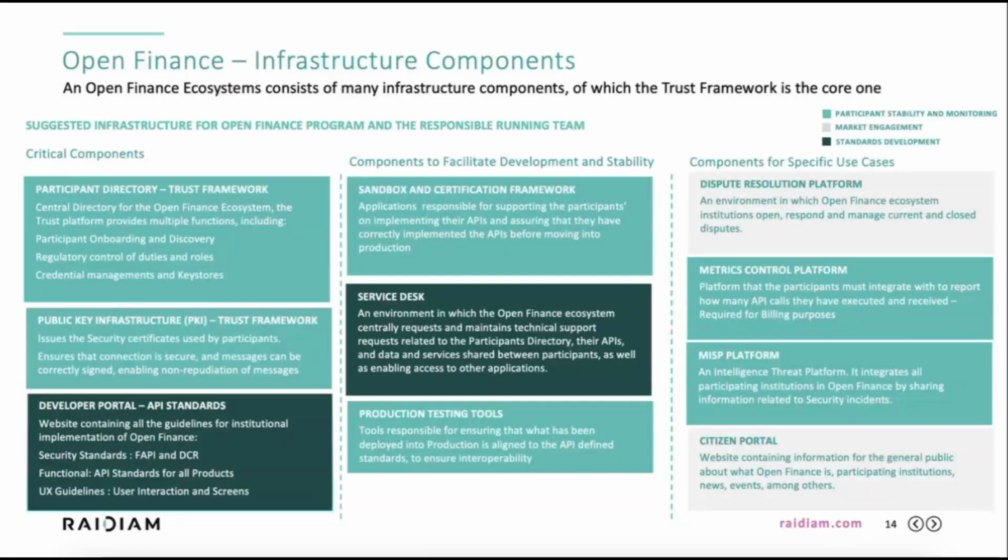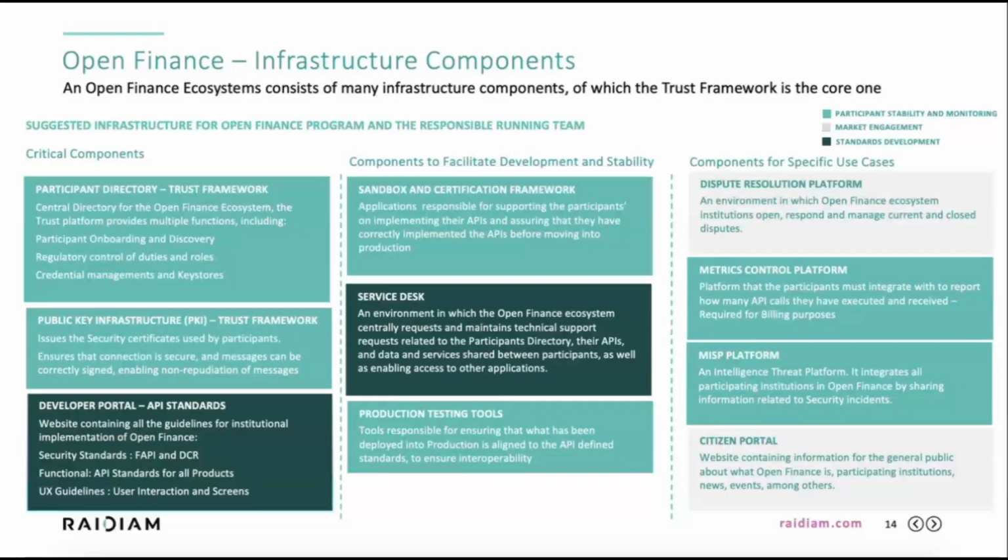So a sandbox is a continued piece of the offering. You have a service desk to manage any of the issues or queries, production testing tools and SDKs, which are standard developer kits, so that it makes it easy again for people to innovate. They don't have to be experts in building APIs. They get standard kits that they can follow.